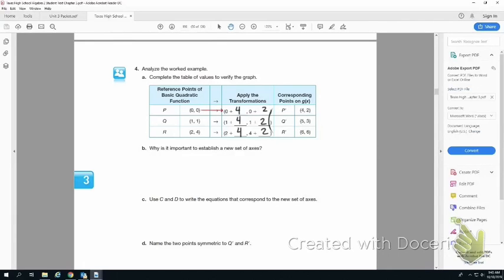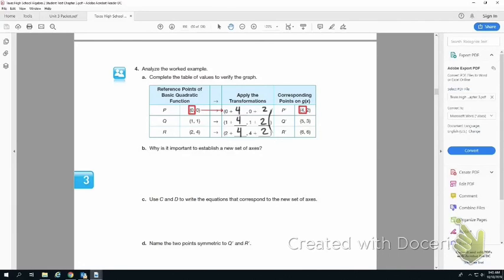So you've got to make sure that you know what that new axis of symmetry is. Okay, from the parent function it was this x value. Your new axis of symmetry is going to be this x value.